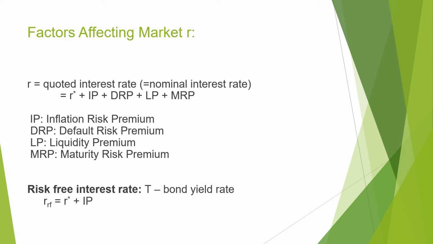Now let's look at the factors affecting market interest rate, small r. Here, when we say r, it is the quoted interest rate, or we can say the nominal interest rate. This little r star is the real interest rate.